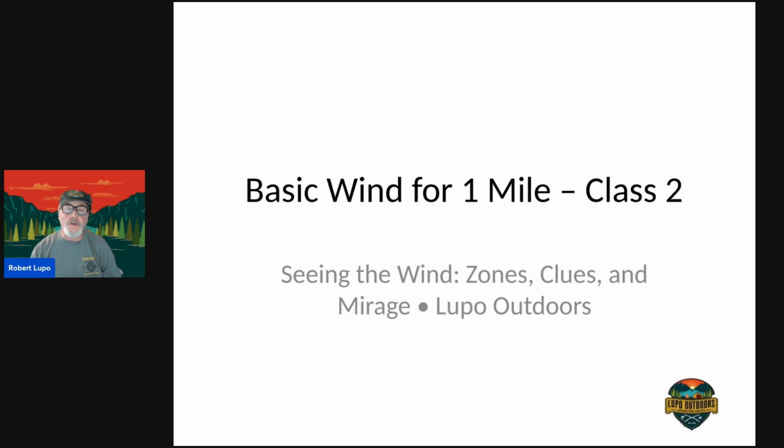In Class 1, we focused on the language of wind: speed in miles per hour, the direction the wind is coming from, wind value, and the clock system. That gave us a way to talk about the wind clearly. In this class, we're going to start seeing the wind.